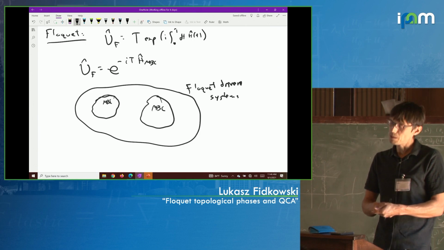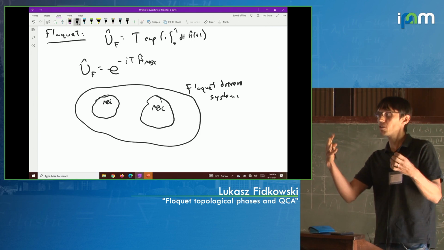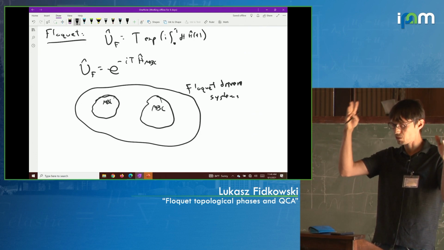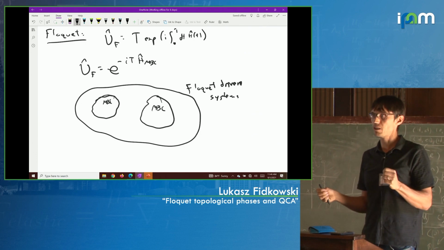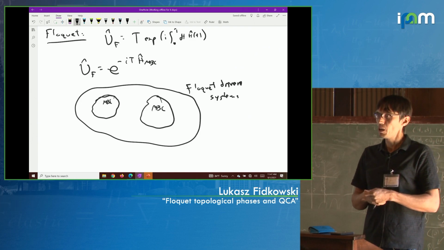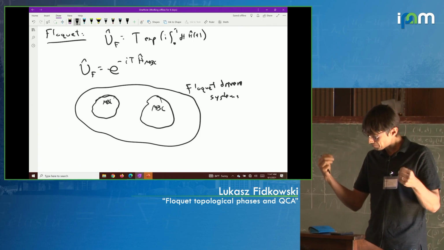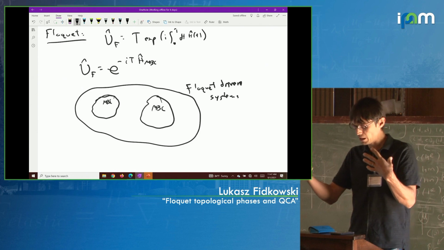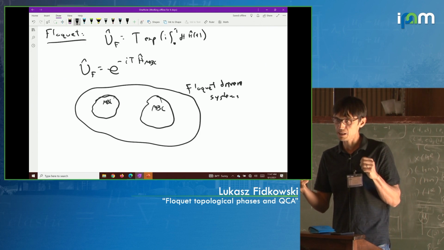I phrased this MBL property in terms of a particular set of local conserved quantities in the context of this one-dimensional spin chain, which were just Pauli Z's on site. That's maybe a boring set of conserved quantities, but you can imagine more interesting sets of conserved quantities, such as these toric code vertex and plaquette terms.